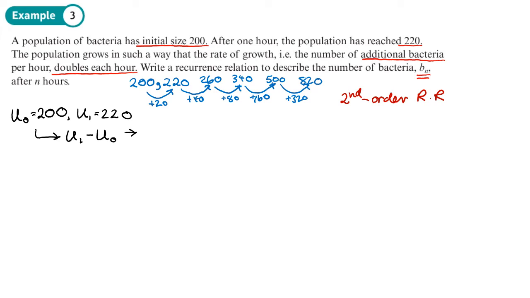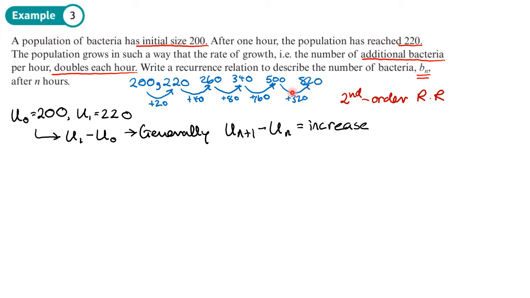But generally, if we're talking about any two terms in a sequence, we want a term, let's call that un plus 1, subtract the previous term. Okay, this is equal to the increase. Whether that increase is 20, 40, 80, 160, 320, or whatever, if we take any term and subtract the previous term, we get that increase.